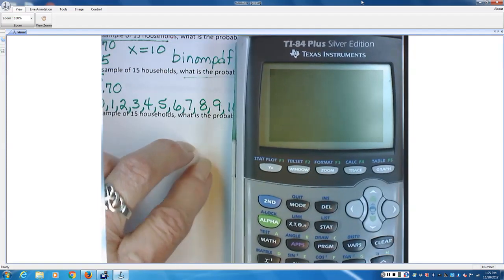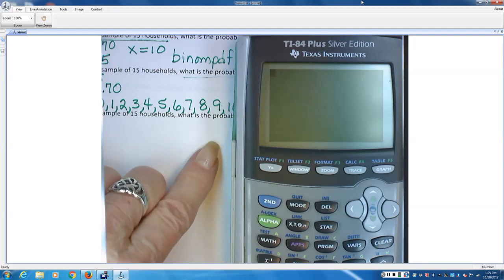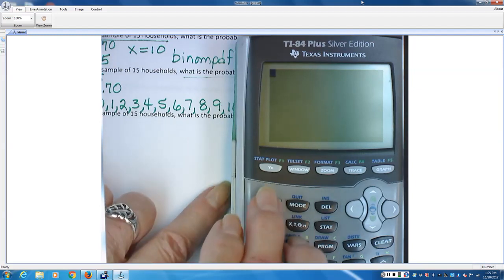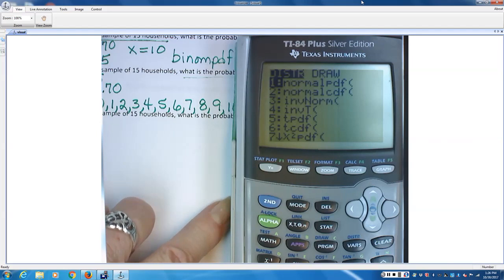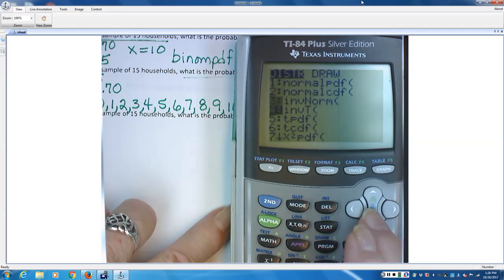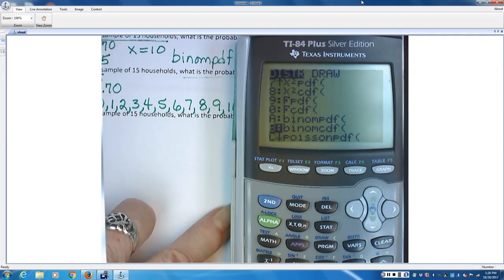CDF adds them up. PDF does one. I'm going to show you the difference two different ways so you can see what it does. Here, I'm going to use binomial CDF. This is what I want y'all to do. Second vars. Scroll down, not to PDF, but binomial CDF.